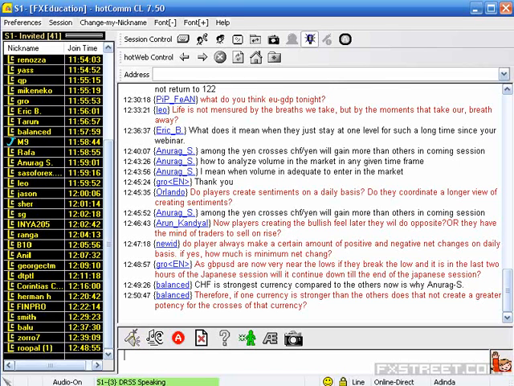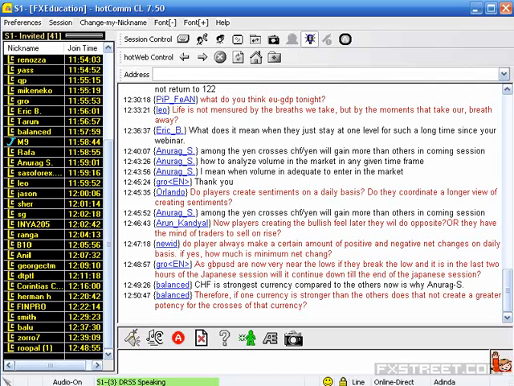Then, is CHF the strongest currency compared to the others? No, let us not compare and just attribute that this is the strongest currency, because you know very well that earlier people were telling that the Australian dollar is the strongest currency, and everybody just developed the feel and entered long in that particular currency. Then what happened? They made a 700 pips drop and subsequently they gained again.